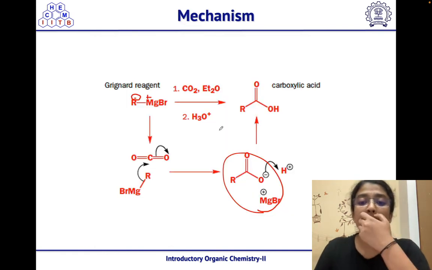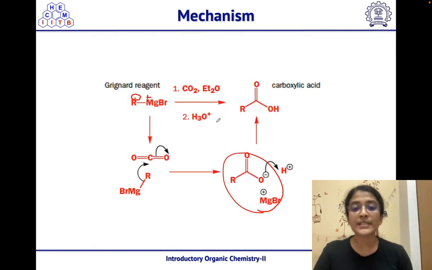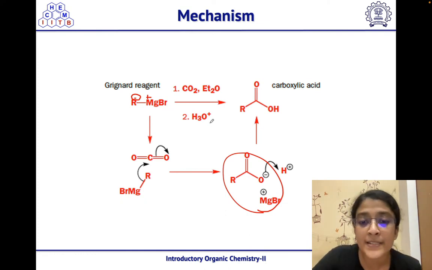Now, upon hydrolysis, that is in presence of water and mineral acid, this O minus can take up this proton and it will lead to formation of carboxylic acid, and this MgBr plus will take up OH minus and it will give MgOHBr, that is hydroxy magnesium bromide. Is this clear? Is the mechanism clear?